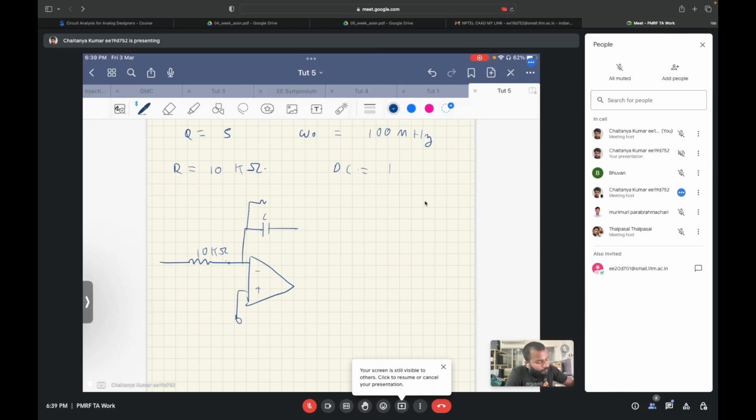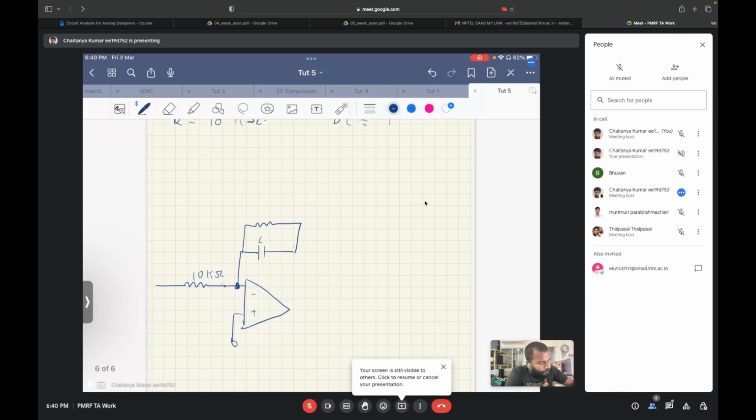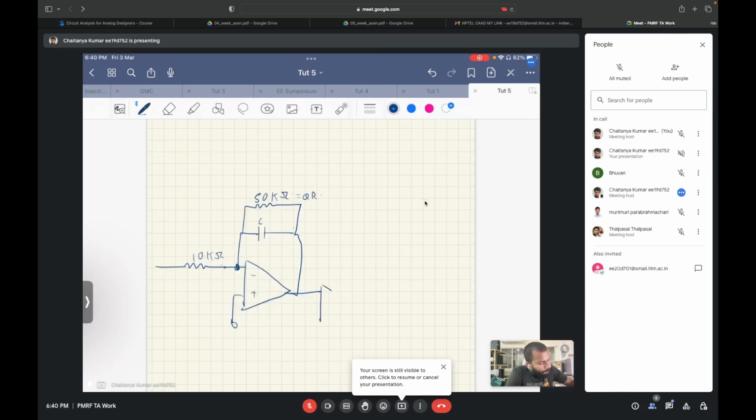We will have a capacitance over here, the Q resistance of 50 kilo ohms. Why 50 kilo ohms? Because this is equal to Q times R, and then we will have an inverter.